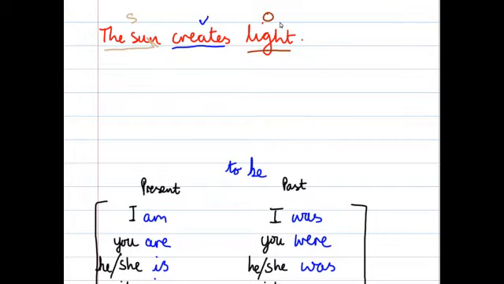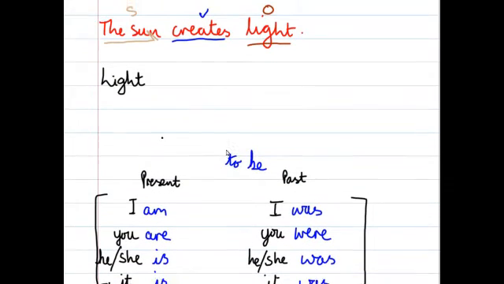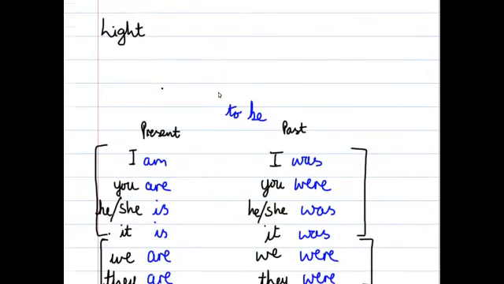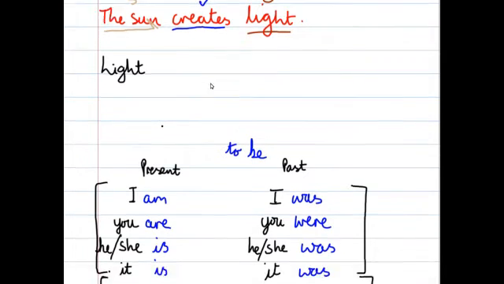So to turn it into the passive, we do the same thing. We have our object here, the light, so we would start that as our new subject of the sentence, the new topic, light. Then once again we're going to grab and add to be in front of the verb create. So in this case, light. Now this is where we express the presentness of it. So this is where we say that it's in the sort of present tense.